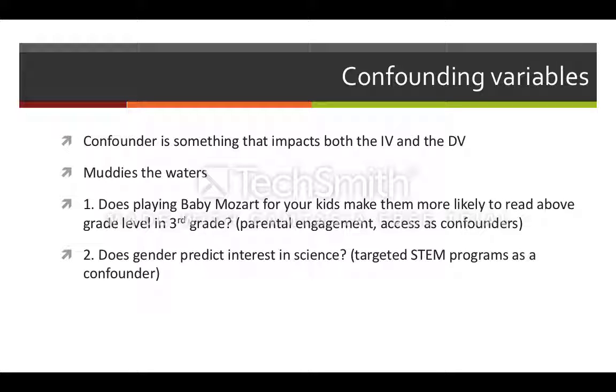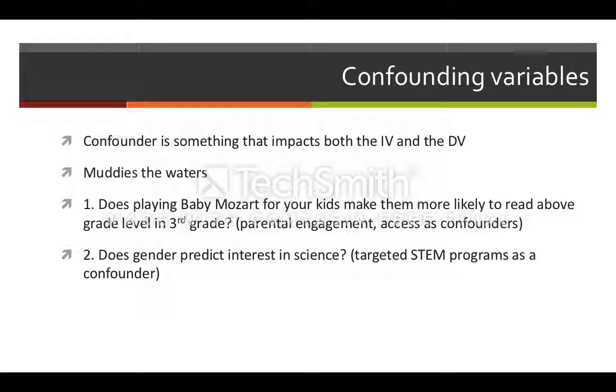This is the second part of our screencast about variables. So we'd been talking about confounding variables, and in the example, does playing Baby Mozart for your kids make them more likely to read above grade level in third grade? Two potential confounding variables or confounding factors are parental engagement, i.e. you have the time to play Baby Mozart for your kid, as the independent variable, might also impact the dependent variable of having time to read with them.